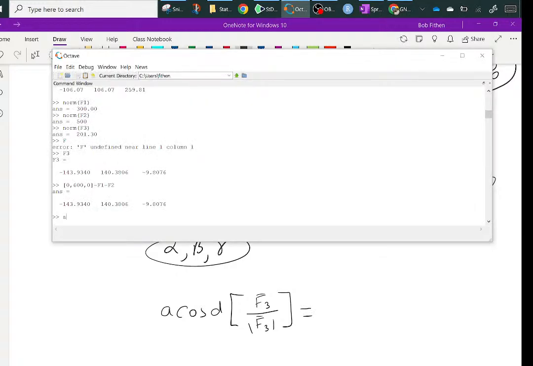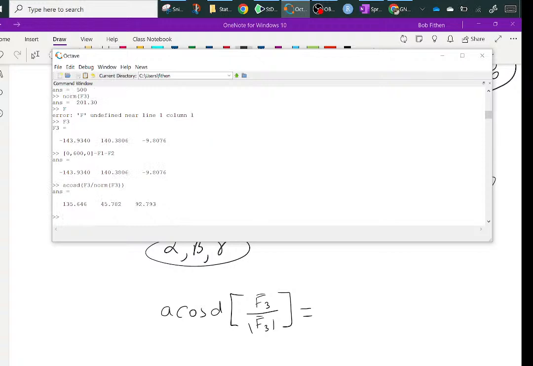Arc cosine degrees of F3 over the norm of F3. I'm pretty sure this will be disagreeing as well.